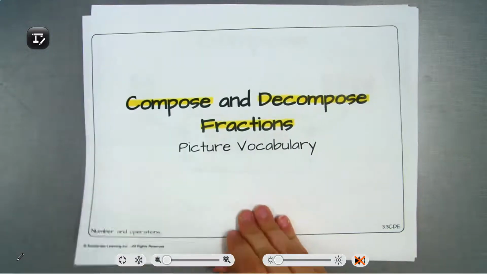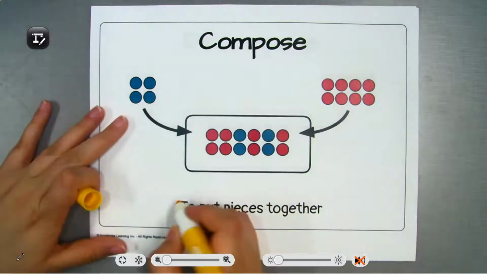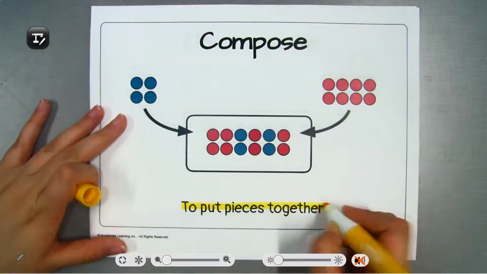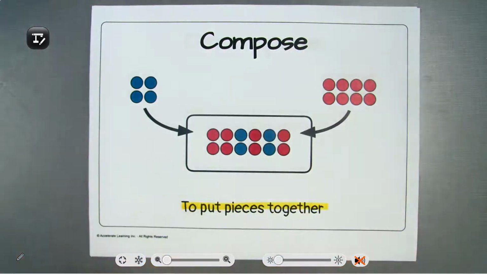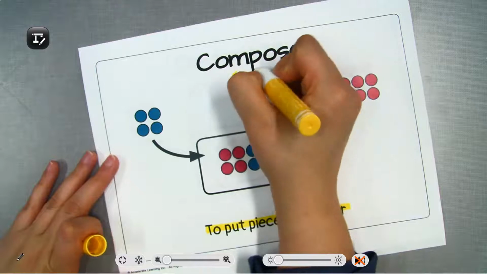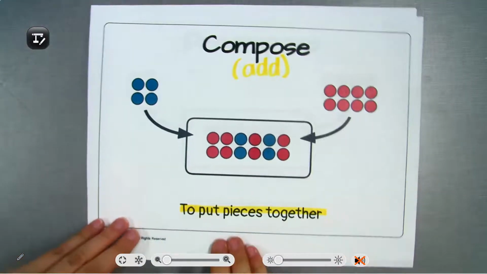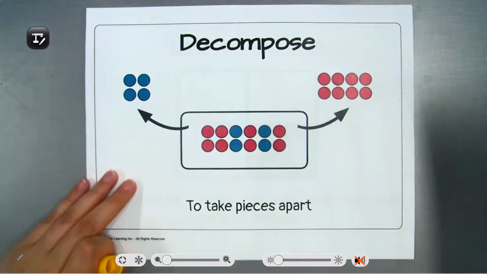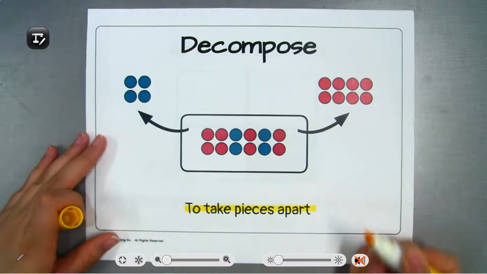First off, if you don't know what the word compose means, it means to put pieces together. And if we're putting these pieces together, what other word could we use for compose? Add. So we're going to be adding the pieces together. Compose means add. Decompose means to take pieces apart.